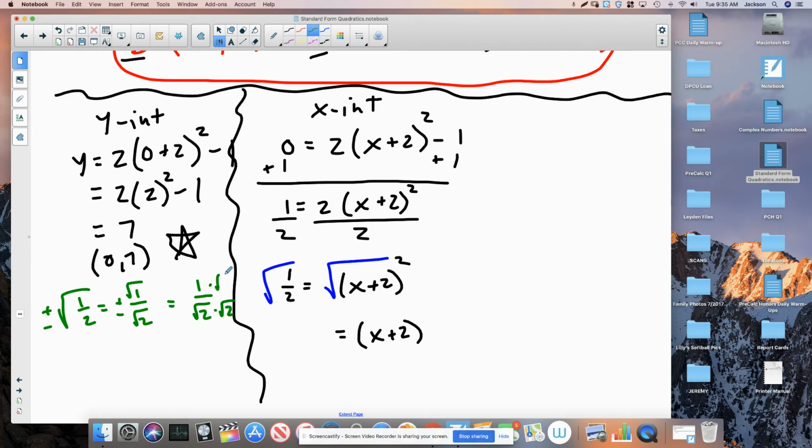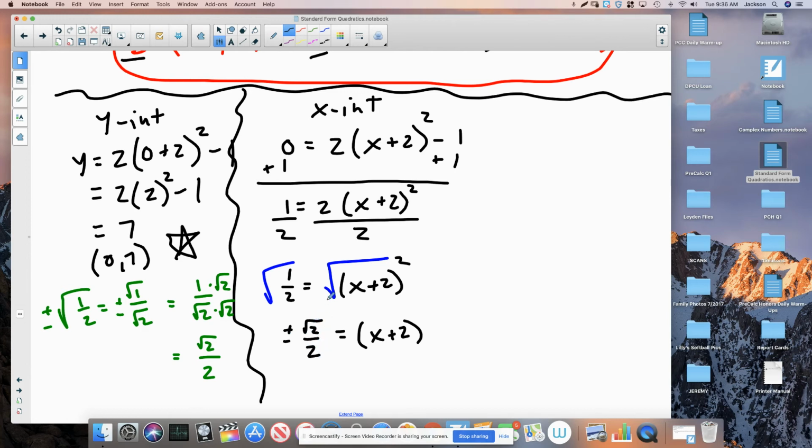We multiply by the square root of 2 on the top and the bottom. 1 times the square root of 2 is the square root of 2. On the bottom, the square root of 2 times the square root of 2 is the square root of 4, and the square root of 4 is 2. So the square root of 1/2 ends up being radical 2 over 2, positive and negative.